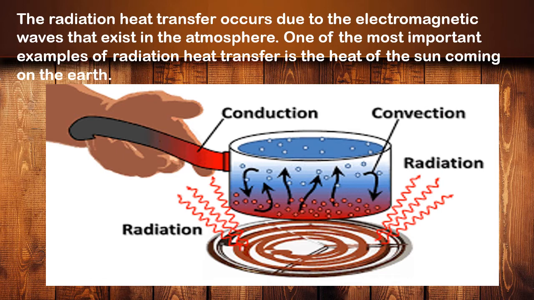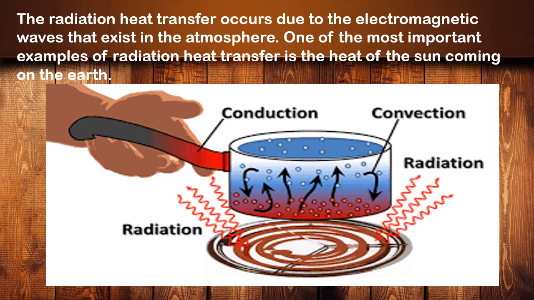And convection. You can easily see that in that vessel there are liquid molecules, and because of the heating of the vessel due to radiation, the vessel with the help of conduction heats the liquid part, and it gets circulated. There is a movement of molecules of that particular liquid, and hence all the liquid gets heated because of the convection mechanism.